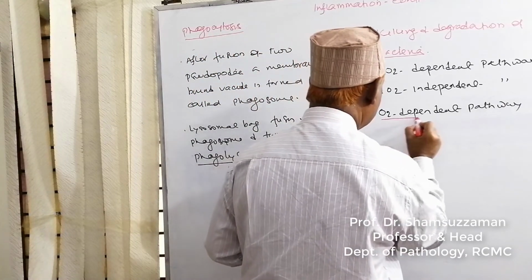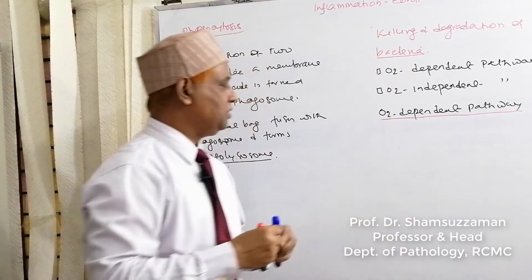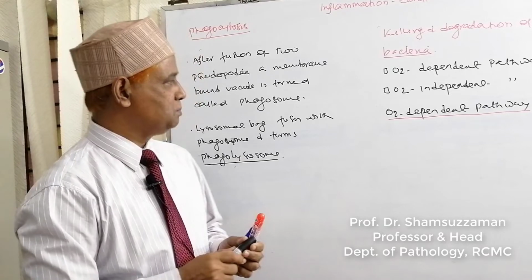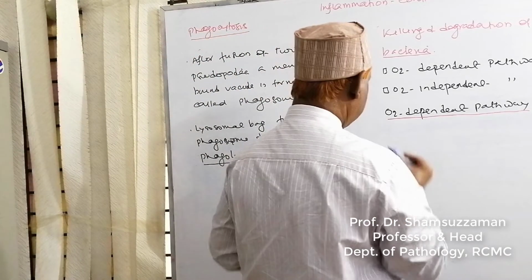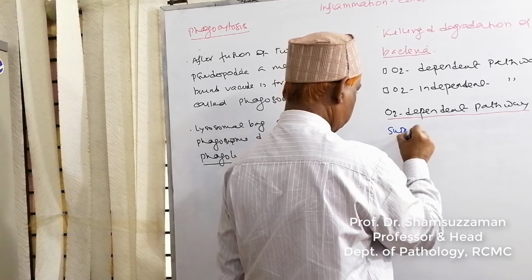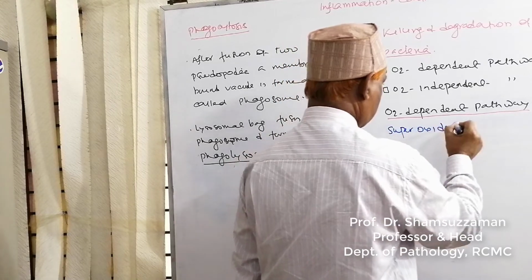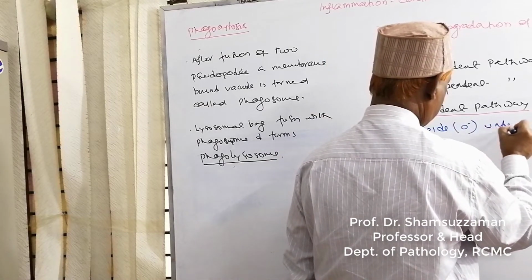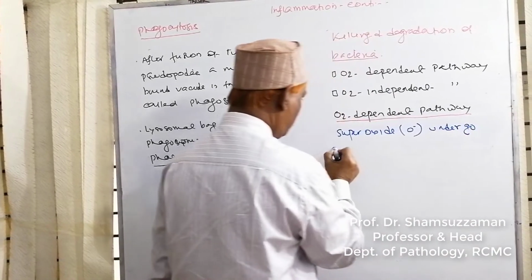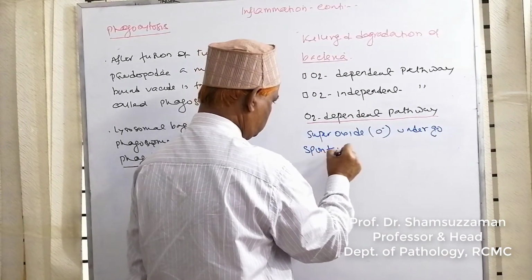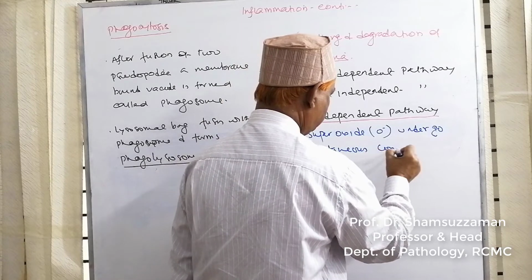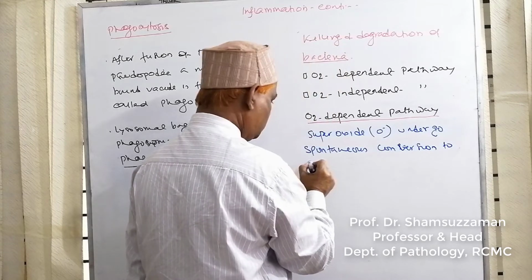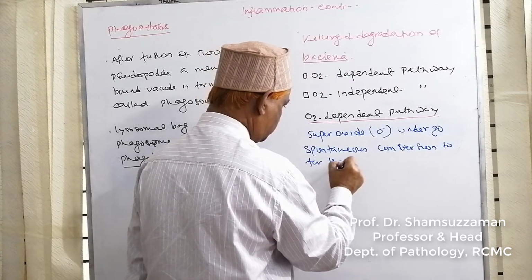What occurs in this pathway? In this pathway, you know, superoxide is a free radical. Superoxide undergoes spontaneous conversion to form hydrogen peroxide.